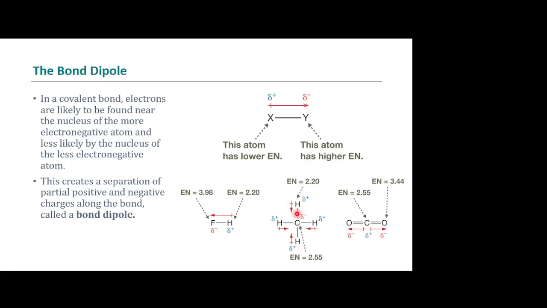Okay. Now, there's a couple things involved in these bond dipoles. The difference in electronegativity between the atoms involved is usually the biggest one that you're most going to need to know. That's the difference right here where we're seeing those differences in electronegativities. Right here.